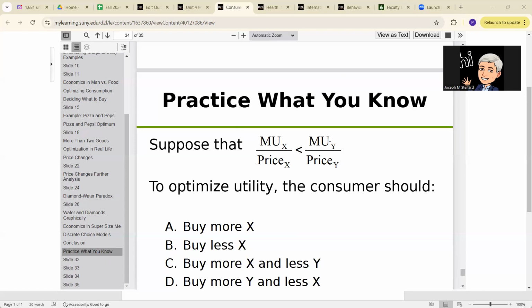I haven't been to the movies yet, so the marginal utility of going to the movies is very high. And even though the price of the movie is more than a hamburger, when I look at how much benefit I would get from going to the movie compared to eating a fourth hamburger, I find that the marginal utility divided by the price of the movie is greater than the marginal utility of the fourth hamburger divided by the price of the fourth hamburger.